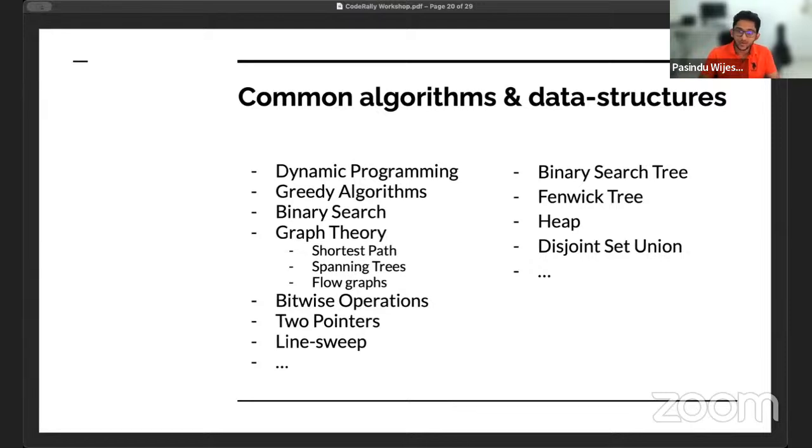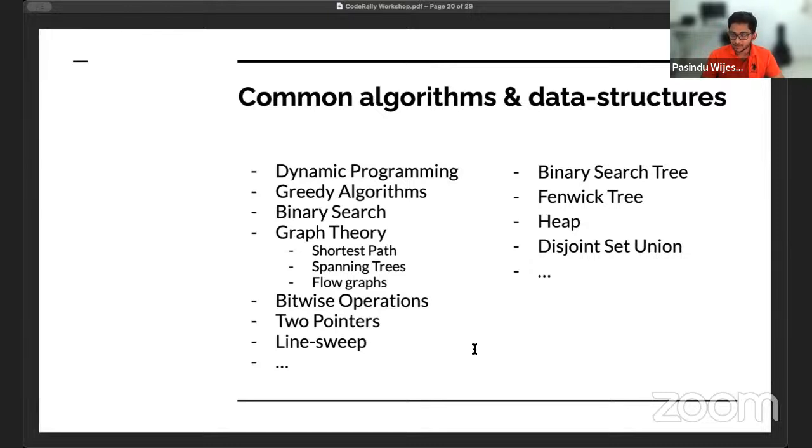But from that point, you need to gradually build up your knowledge base to learn about some complex algorithms and data structures, because throughout the years, people have identified some common patterns in writing algorithms. Like dynamic programming, greedy algorithms, two pointers, line sweep, bitwise operations, game theory, graph theory. There's a ton of areas that have very standard algorithms, right?